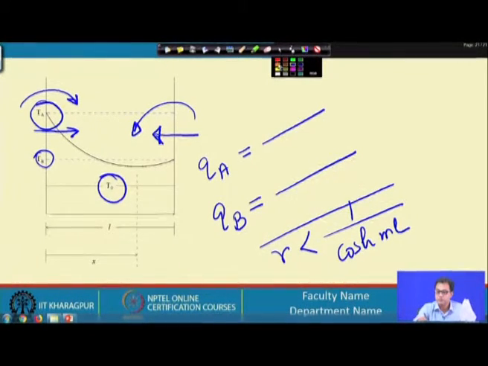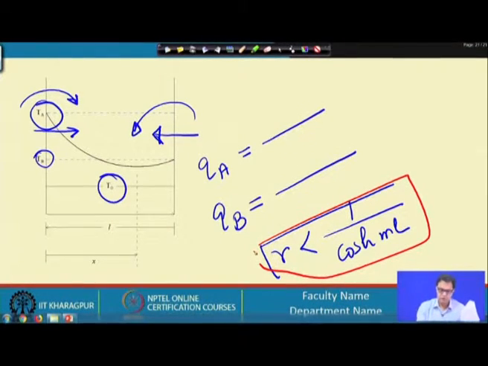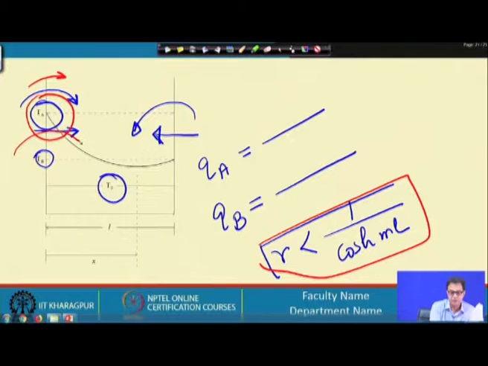in this situation this QA is positive, or heat is coming from this wall to the fluid, but this will have a change in the values.